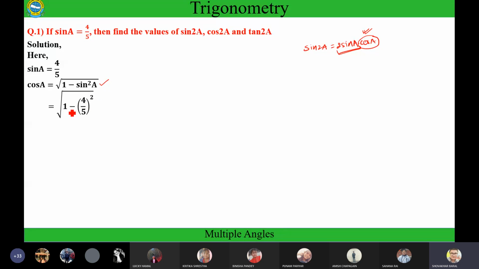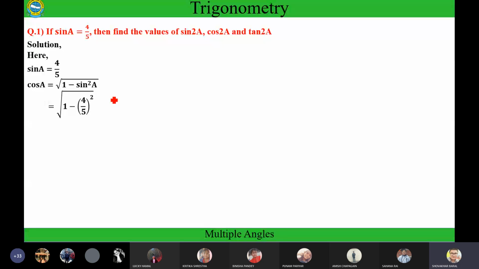It is equal to square root of 1 minus 4 by 5 whole square. So further it will be equal to 1 minus 16 upon 25, and this is equal to 25 minus 16 by 25. 25 minus 16 is 9, and 9 by 25, and further if you simplify it will be 3 by 5.